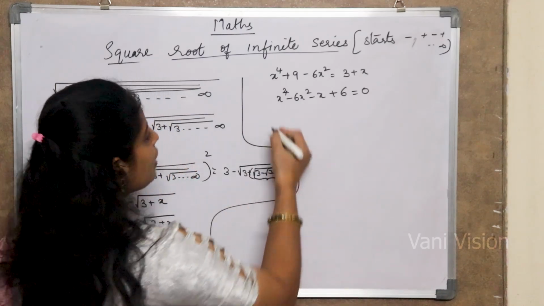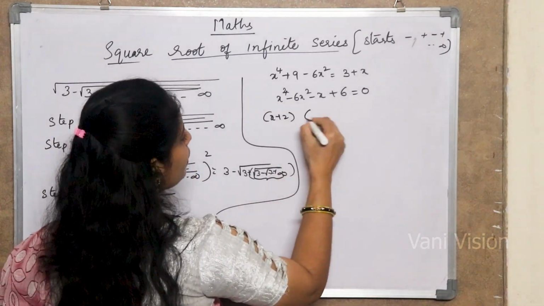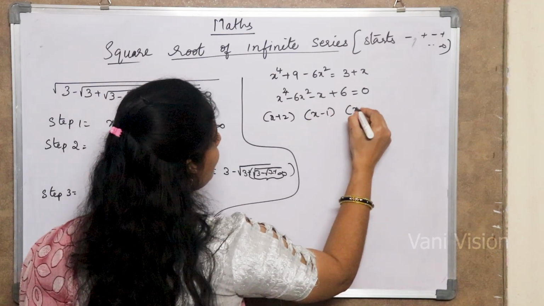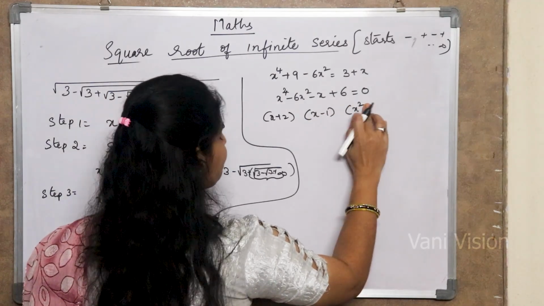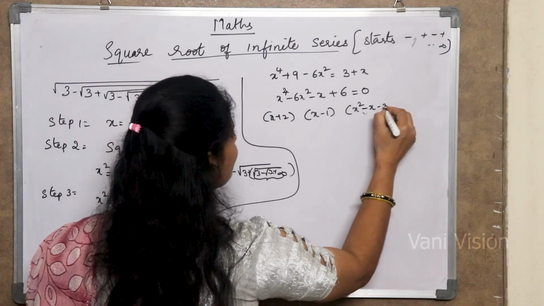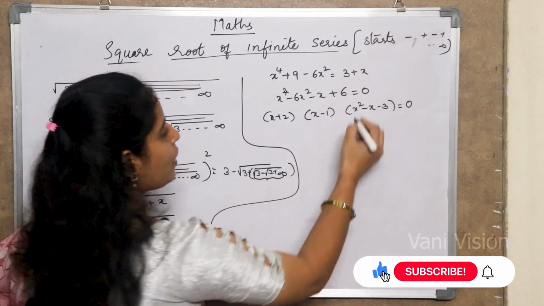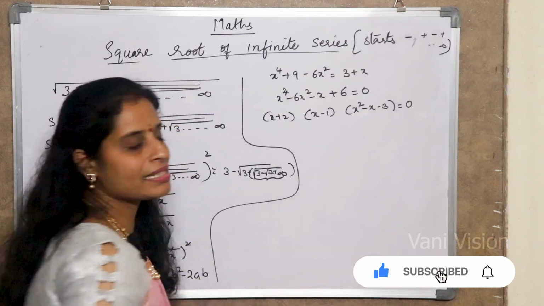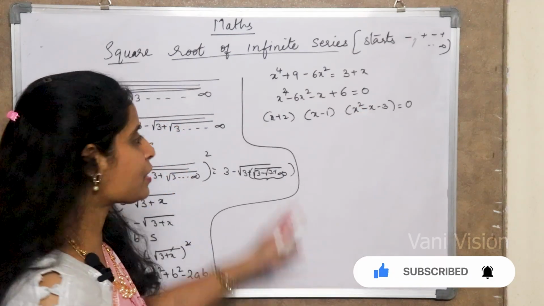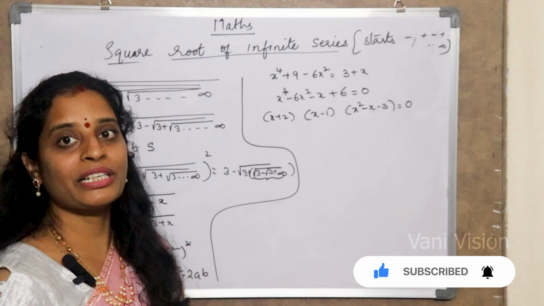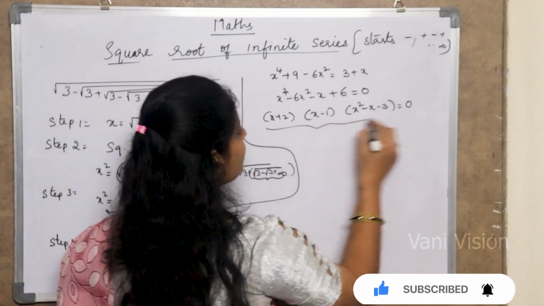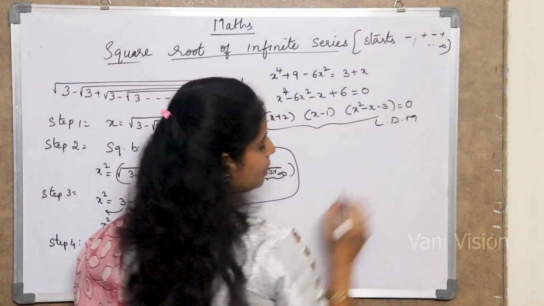So the factors are x plus 2, x minus 1, and x square minus x minus 3 is equal to 0. Clear? These are the roots, obtained by the long division method.